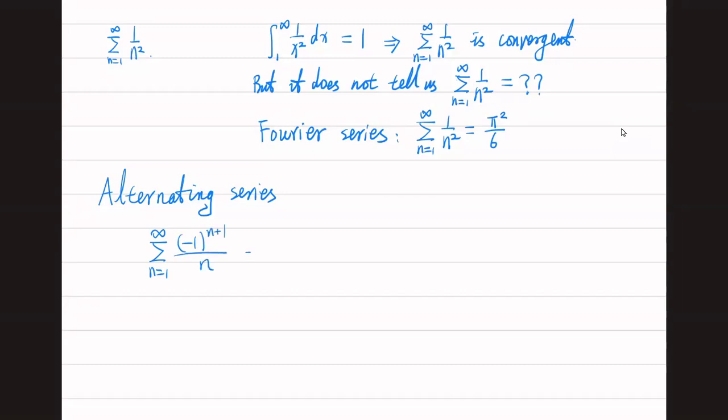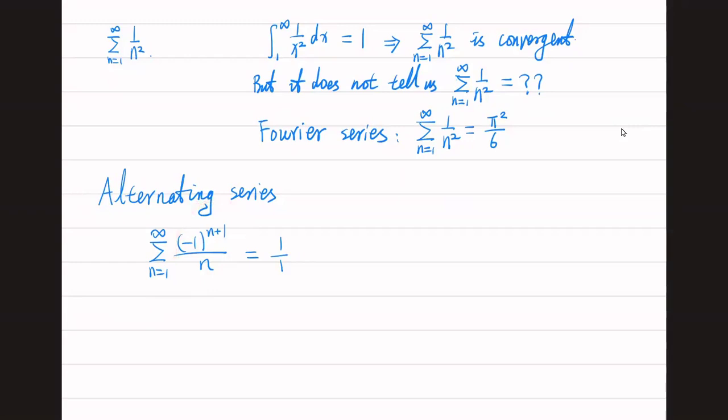Zichen, what's the first entry for this series? Sakina, second entry. N equals 2, what do you have?